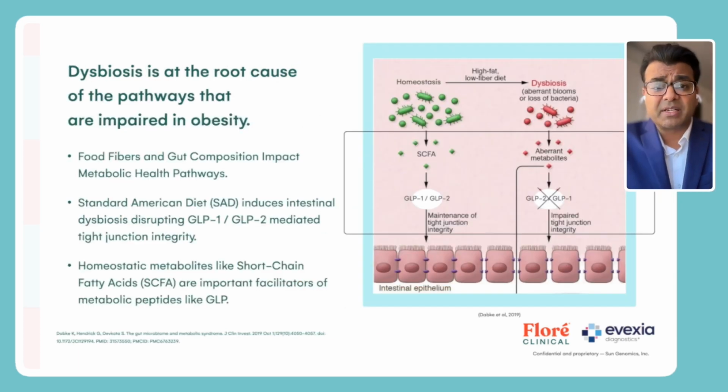Now, when you look at this mechanistically, we're finding that the low fiber diet in the literature has strong associations to creation of aberrant metabolites, essentially metabolites that are not helpful for your human body.